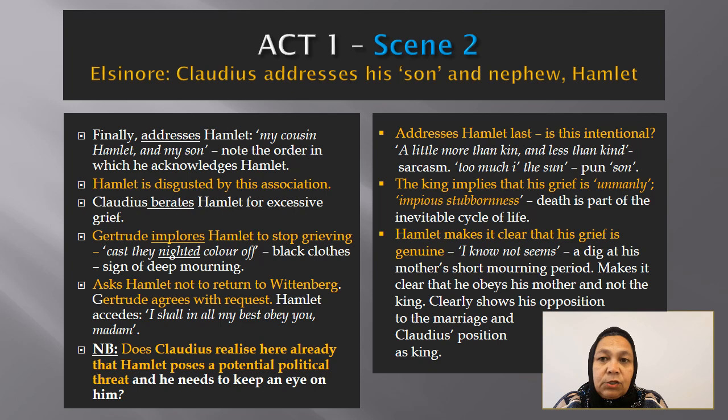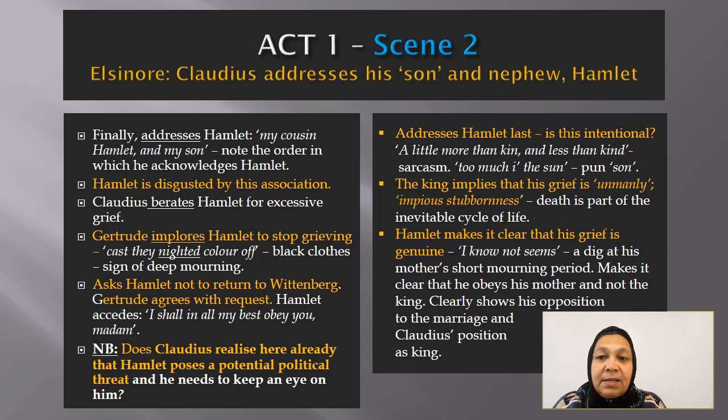Here he clearly shows his opposition to Claudius and Gertrude's marriage, as well as his opposition to Claudius's position as king. Now we have to ask ourselves the question, if we look at the order in which Hamlet was addressed by Claudius, is this intentional? And also, why is it that Claudius wants Hamlet to be close at hand, under his eye?